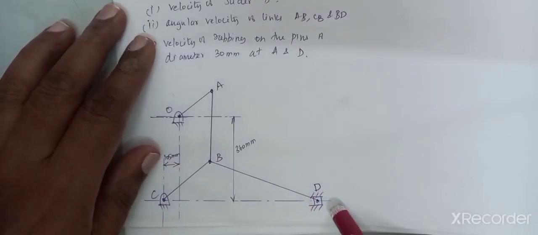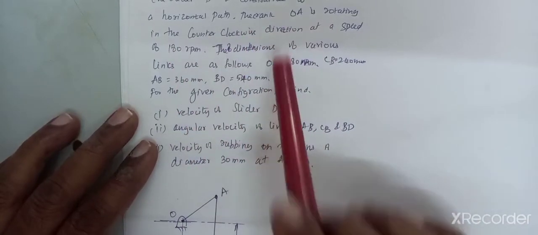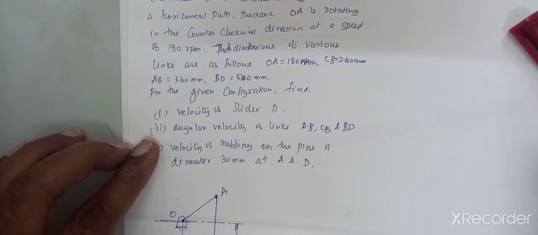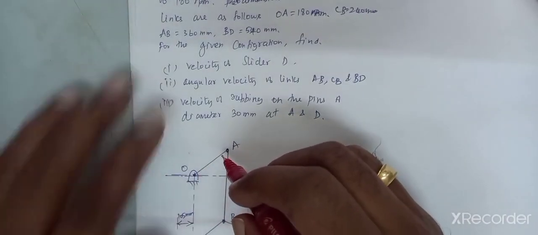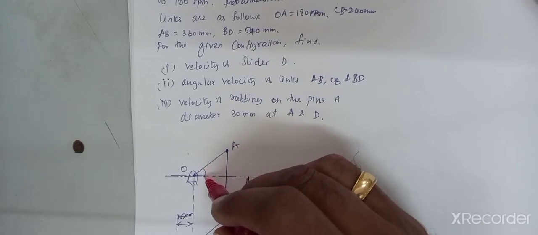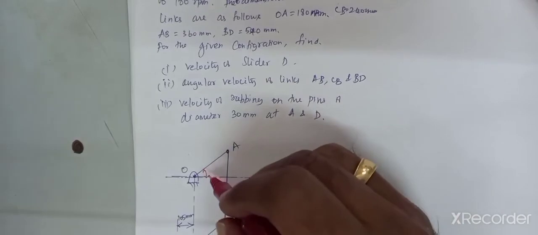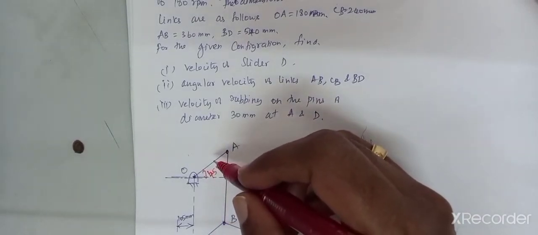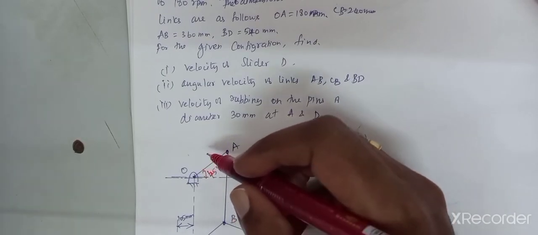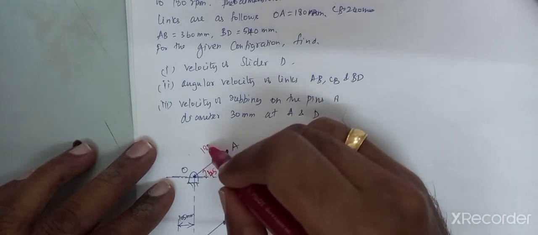So this is our slider D, constrained to move on a horizontal path. The crank OA is rotating in counterclockwise direction at a speed of 180 rpm. So this is our crank OA. The angle between the crank and the horizontal line is 45 degrees, and this crank is rotating in counterclockwise direction at a speed of 180 rpm.